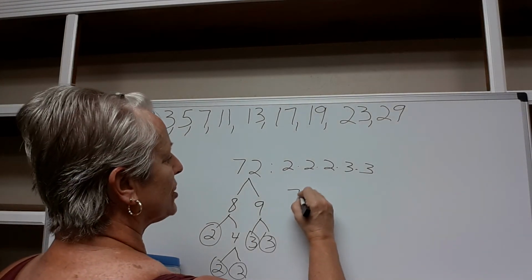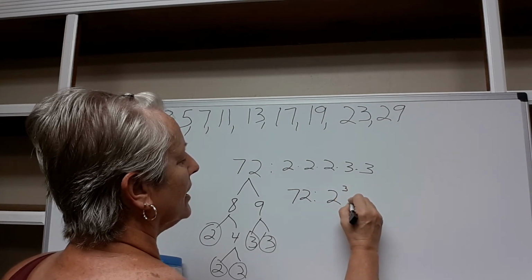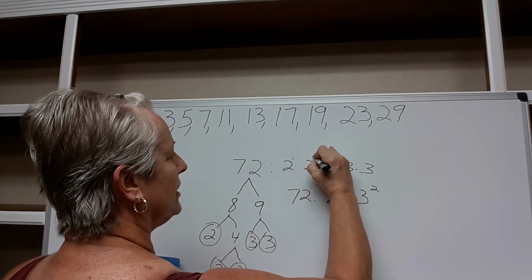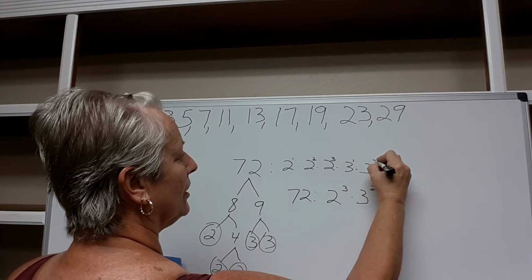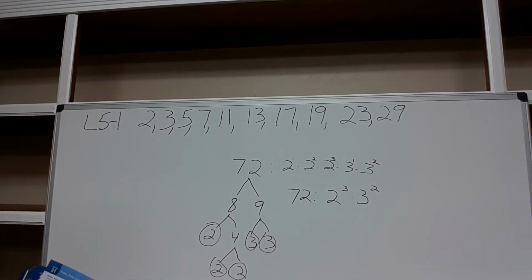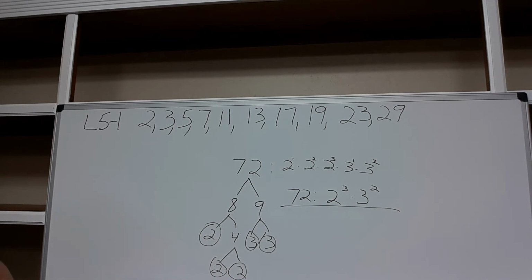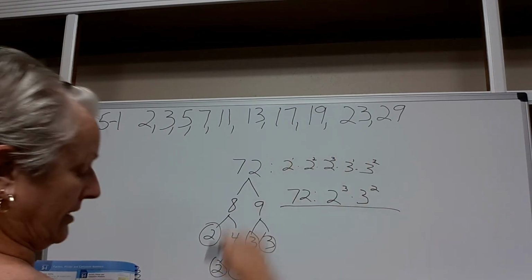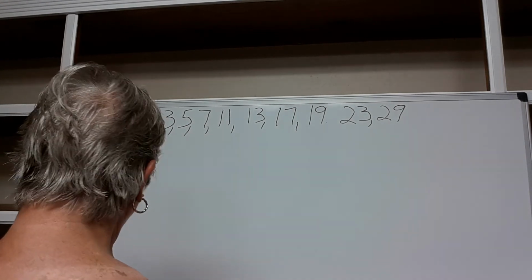My final answer would be 72 is 2 to the 3rd power times 3 squared, because we have 1, 2, 3 2s, and we have 2 3s. So this would be my final answer. Make sure when you do your homework you give me this type of answer and not this, or it will be incorrect.